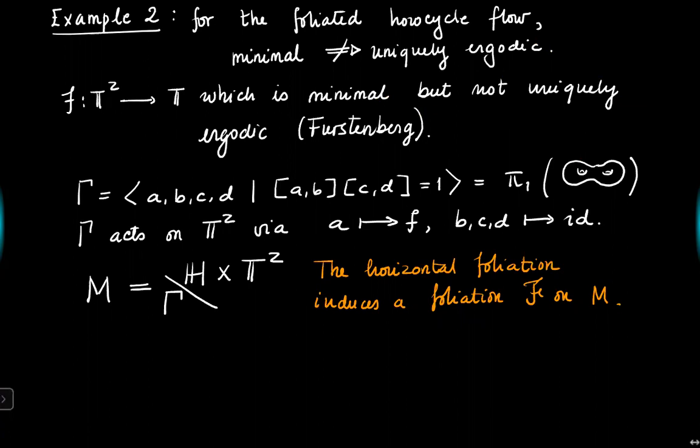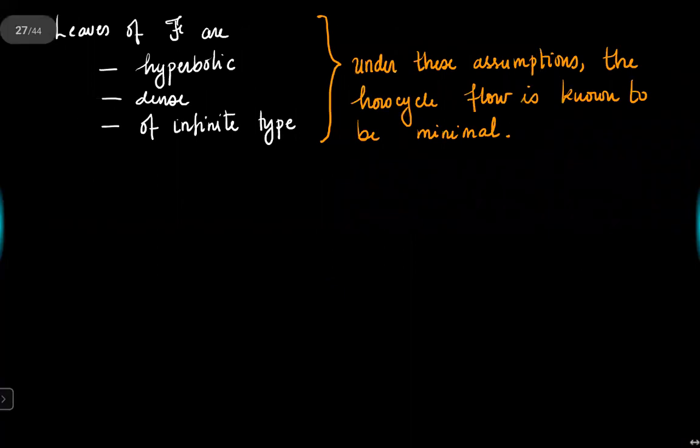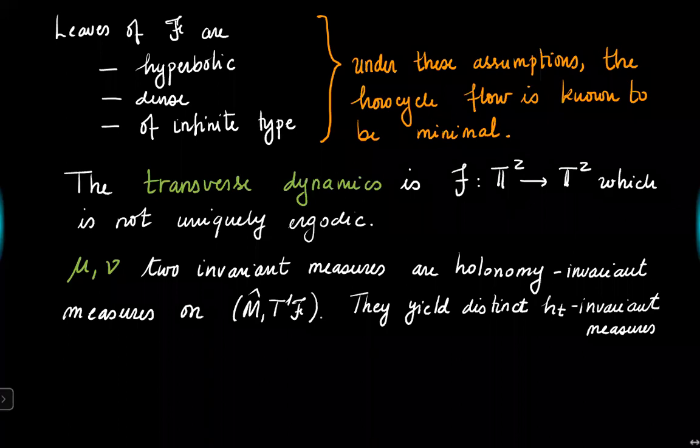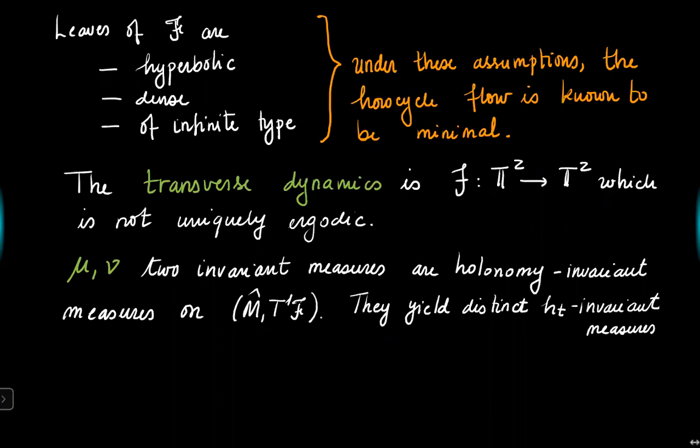It's again a suspension. And each transverse invariant measure will give an invariant measure for the horocycle flow in a very natural way. So even in the case where you have transverse invariant measures for the foliation, which is very non-generic, you might have a horocycle flow which is not uniquely ergodic.